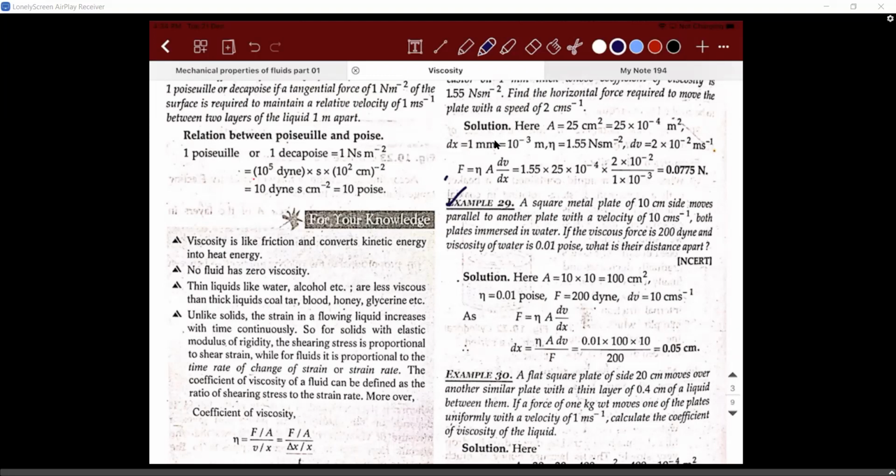What is the value of theta? 0.01 poise. Right? 10 centimeter per second. Square side is also 10 centimeter. No need to convert, everything is in CGS units. Write the answer in terms of centimeters.